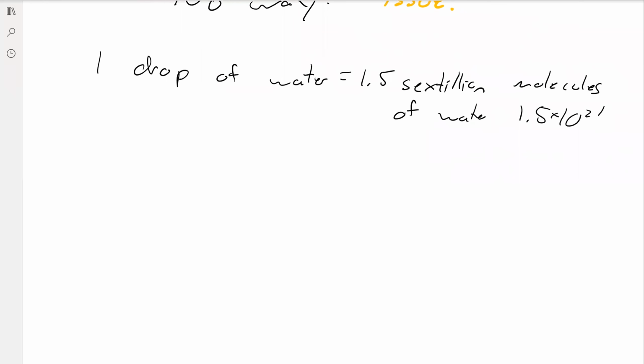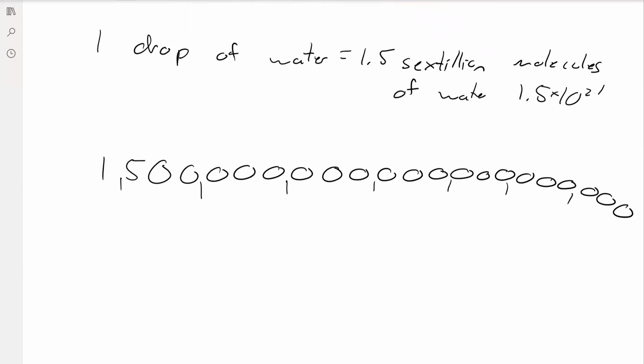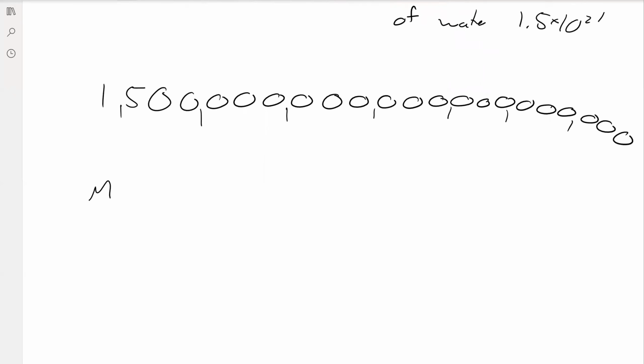So if you wrote that number out, you would do 1, and then that 5 counts as one of them, and then 20 more zeros. So 1, 2, 3, 4, 5, 6, 7, 8, 9, 10, 11, 12, 13, 14, 15, 16, 17, 18, 19, 20, right? And then you can add your little commas. And you can see that this is just an absolutely huge number. And all we're talking about is one drop of water, right? So molecules are just super tiny.